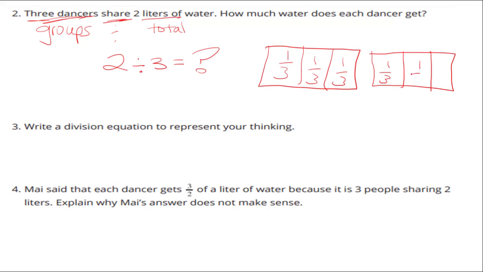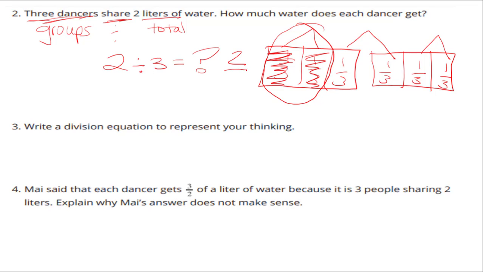So 1/3 for each section. And here would be one of my dancers, the second dancer, and the third dancer. So the first dancer is getting this part and this part. So they're getting 2/3. So the division problem is 2 divided by 3 equals 2/3.